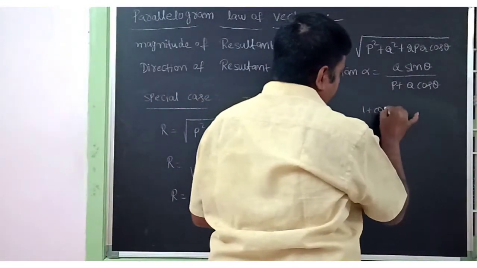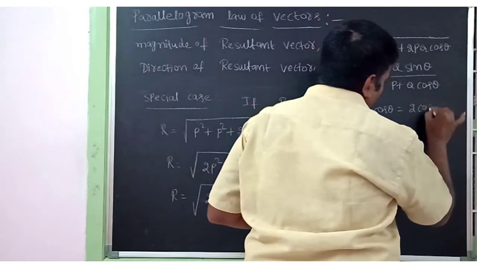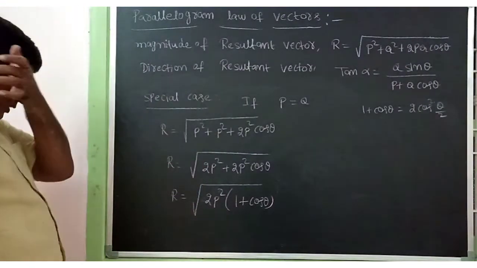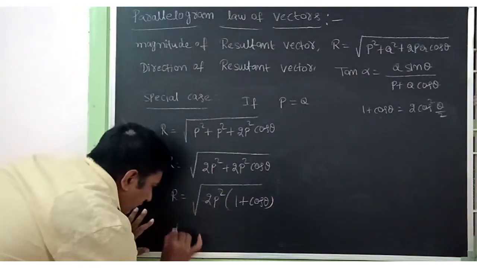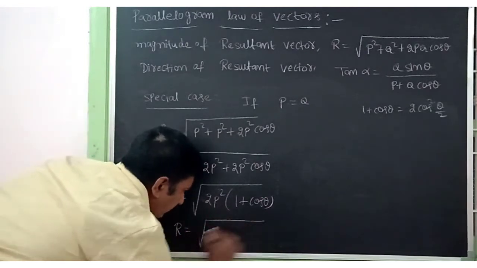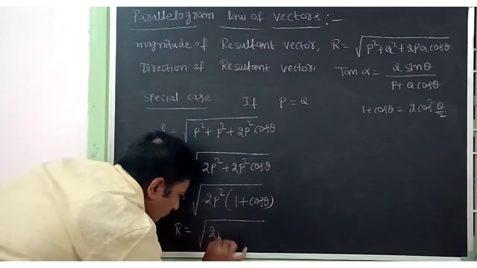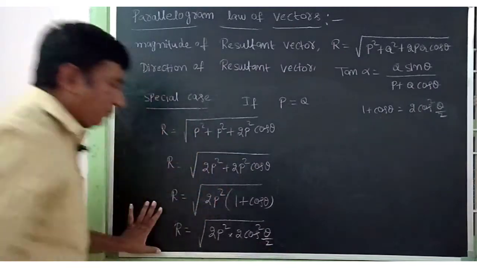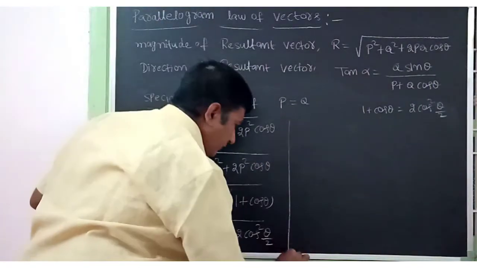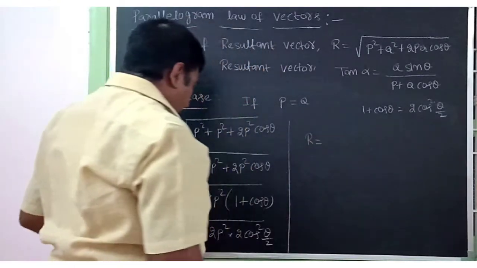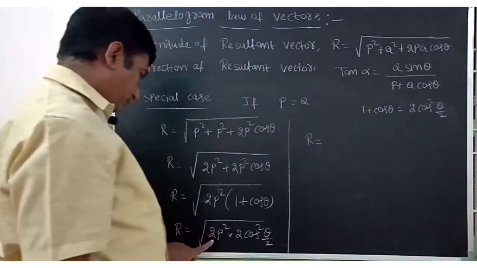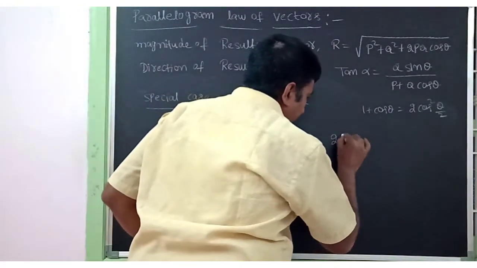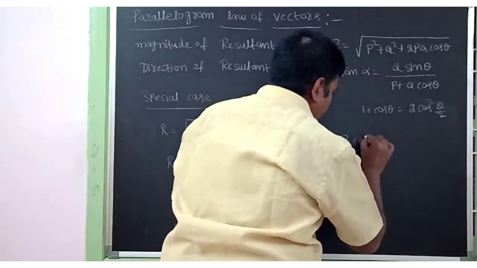1 plus cos theta is nothing but 2 cos square theta by 2. That is the formula which we use in mathematics. With the help of this, r is equal to root of 2p square into 2 cos square theta by 2, which is root of 4p square cos square theta by 2. So r is equal to 2p cos theta by 2.